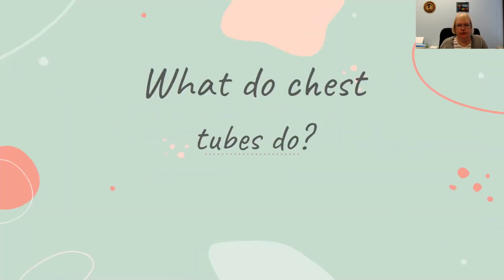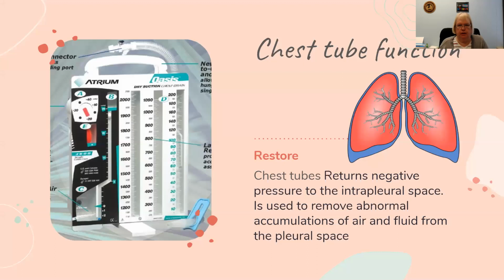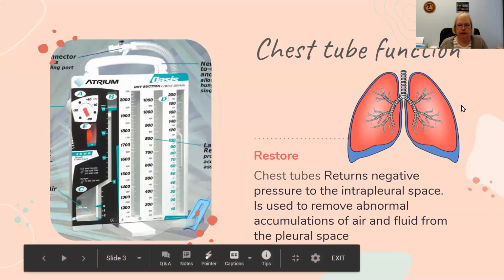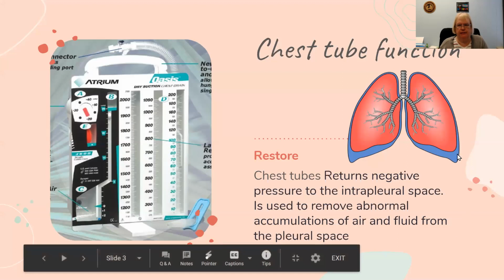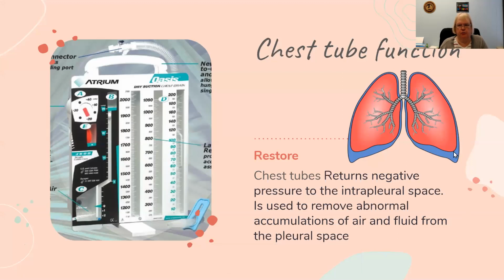So what does a chest tube do? A chest tube's function is to return the negative pressure to the interpleural space. The interpleural space is the space between the two pleural surfaces. They rub together normally, and there is negative pressure between those normally.